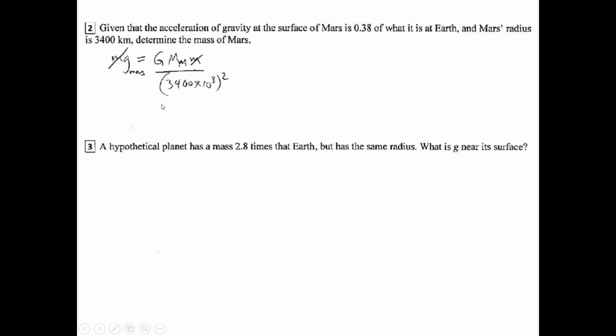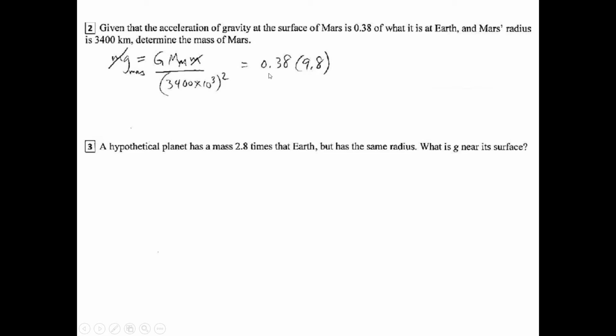And the first thing to notice is the little m's cancel out, the mass of the object. In other words, both sides are proportional to the mass of the object. But the important thing to look at is that we know the value of little g at the surface of Mars. We know, of course, capital G and the radius, and so the mass of Mars is the only thing that we don't know.